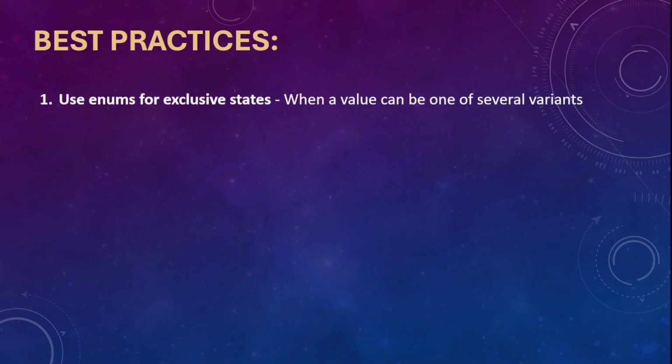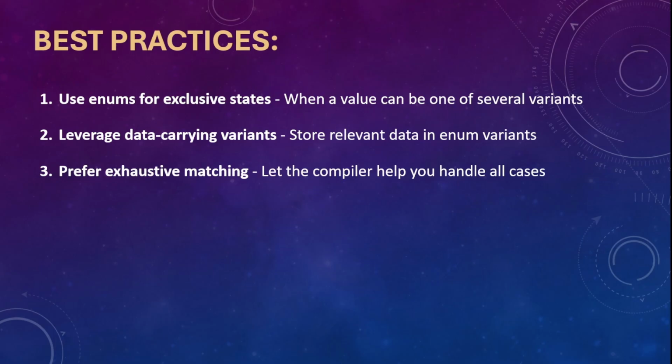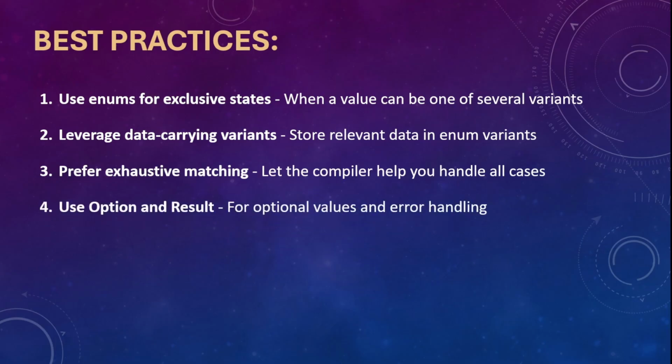As a best practice, you must use enums for exclusive states when a value can belong to multiple variants. When some of the variants in your enums store some data, then you have to store relevant data in your enum variants, and you must use exhaustive matching to let your compiler handle all the cases so that you do not come across surprising bugs.